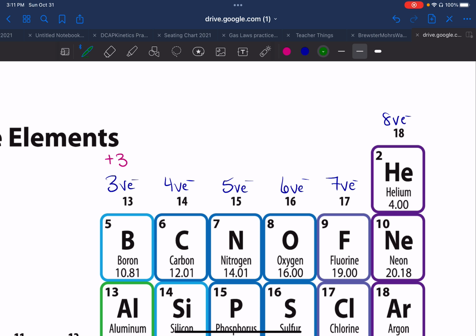And then we start our anions. And these are negative charge ions. These are generally going to be your nonmetals. So starting with group 5, my goal is to get to 8. 8 minus 5 is 3. So this is a -3. Group 6 is a -2. Group 7 is a -1.